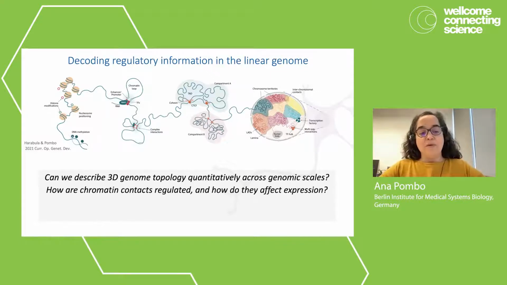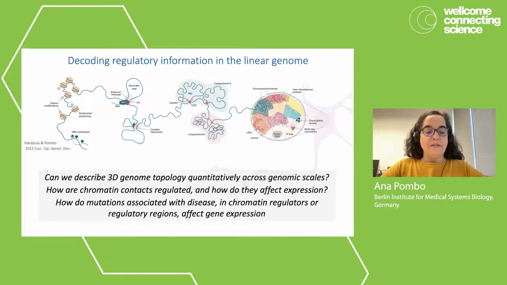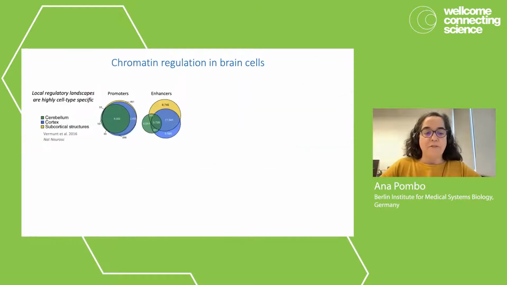Also, how to understand how chromatin contacts are regulated and how they affect expression. And in particular, in the context of today's meeting, how do mutations associated with disease, very often occurring in chromatin regulators or in the regulatory regions themselves, affect gene expression?